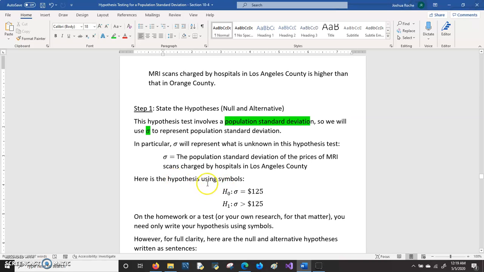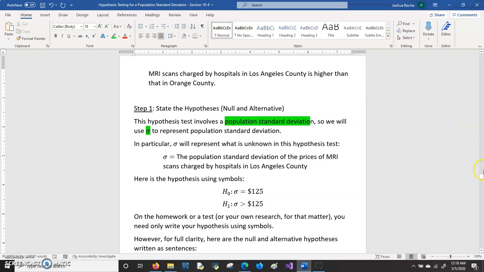And so here are the hypotheses. The null hypothesis is the standard deviation of prices in Los Angeles County is about the same as the standard deviation of prices in Orange County. The alternative hypothesis is greater than. It has this greater than symbol.